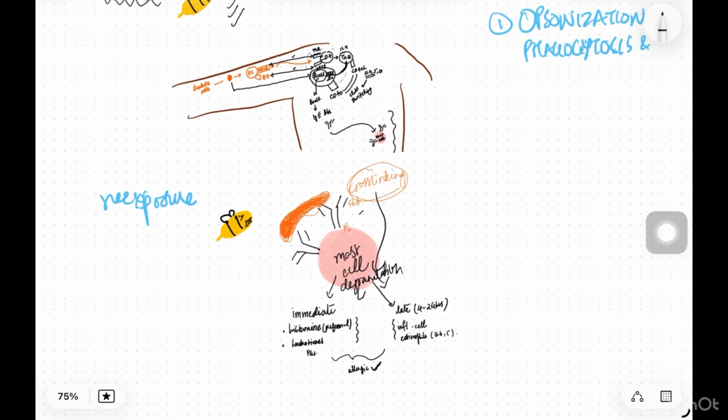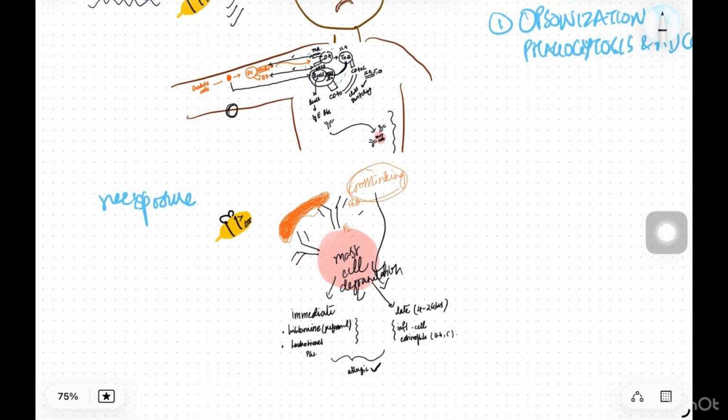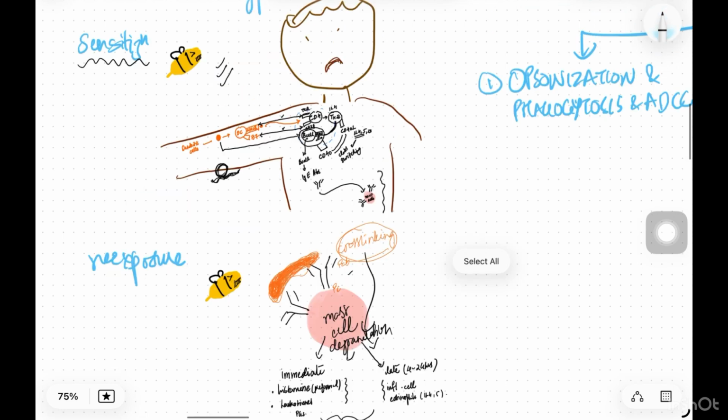When this happens locally and you see redness, stinging, itching, it's a local allergic reaction. If it happens systemically, like mast cells all over are activated, there is bronchoconstriction, shortness of breath, because you're unable to breathe because of the effects of histamine, leukotrienes, all of this.